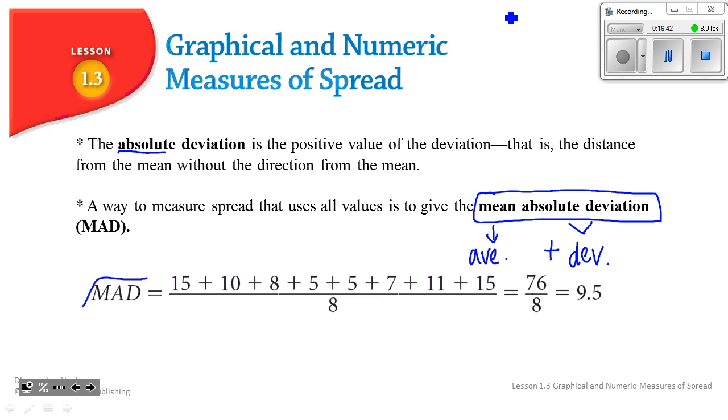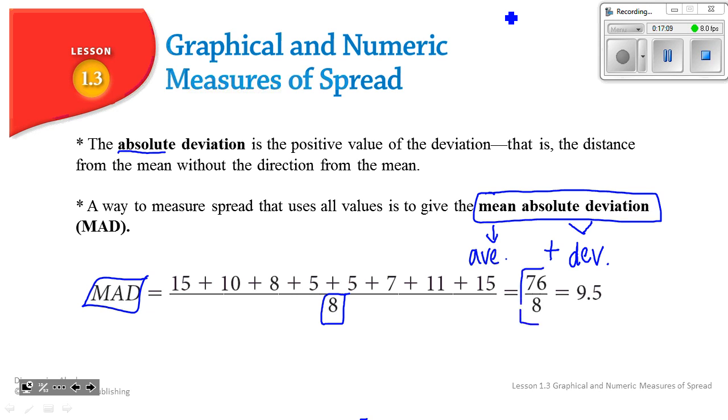So my MAD, or mean absolute deviation, is going to be all of my absolute deviations, or all of the positive deviations. So even if the deviation was a negative 2, for our absolute deviation, we turn that into a positive 2. I'm going to add all those deviations together and divide by 8 and take the mean of them. So add up all the deviations for each and every score, divide by how many scores you have.